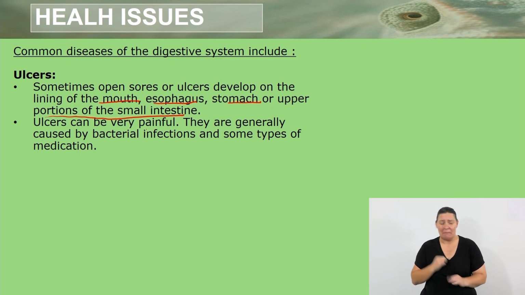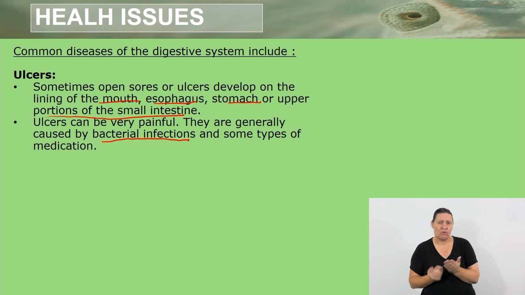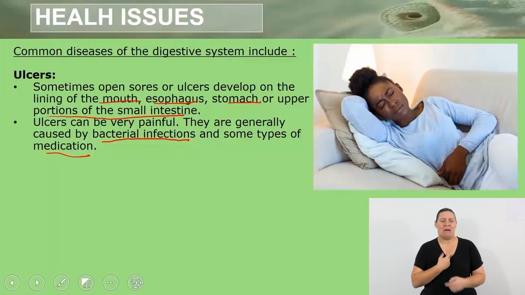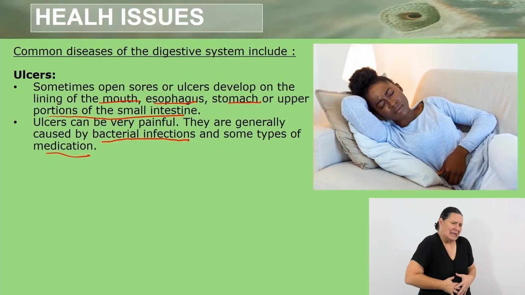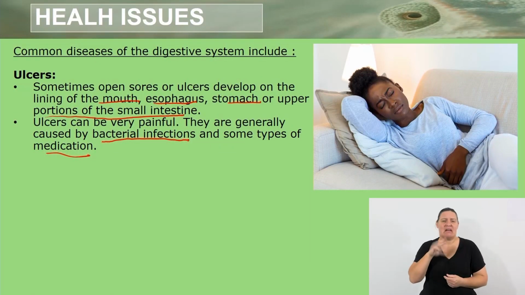Ulcers can be very painful, and they are generally caused by bacterial infection and some by medication. So if you're taking excess medication, you can end up having ulcers as well. This picture is just showing us a lady who's very uncomfortable. You can see that she's holding her stomach, probably has ulcers in the lining of her stomach or the intestines. So that is the first disease that we come across in regards to the digestive system.